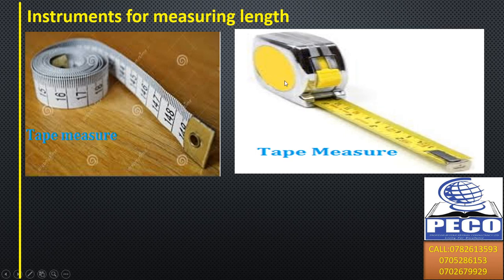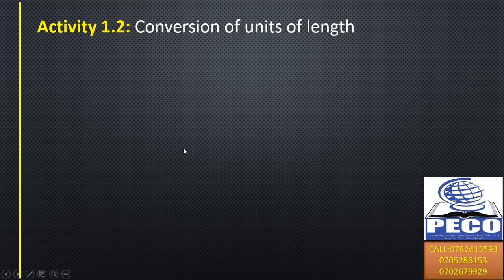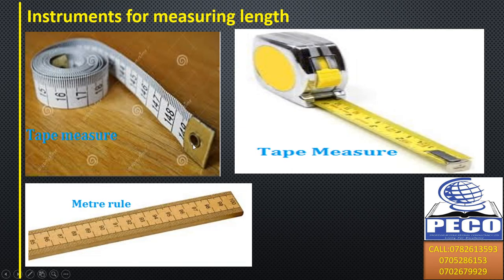So I wanted to show you the nature of builders in the society. Then in our laboratories, we use a meter rule. So all these are instruments for measuring length. Some of these, and we shall see others which are used for measuring smaller lengths, where a meter rule or a tape measure cannot be used. We shall look at that as we go on with the lesson.